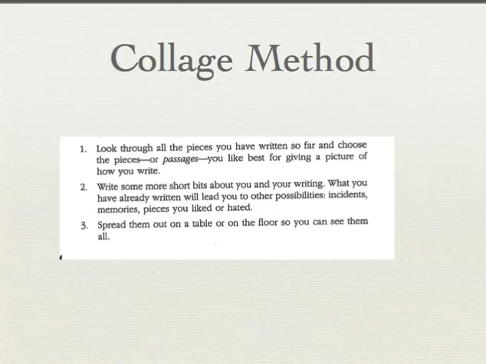So we have to think about these steps not in terms of that assignment, but in terms of the assignment you're working on now, such as Project 1. First it says look at all the pieces you've written so far and choose a few pieces or passages. Of course, since this is a textbook, if you'd gone through the textbook and done all the earlier exercises, you would have done a bunch of free writing and pre-writing strategies, so you have to have the writing.